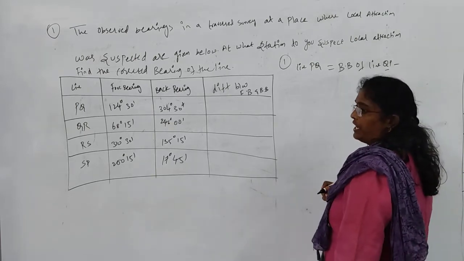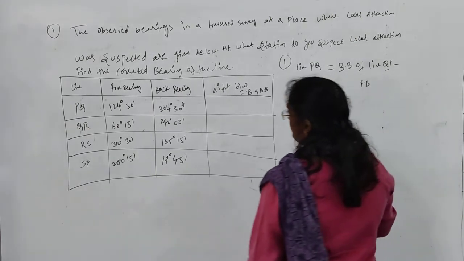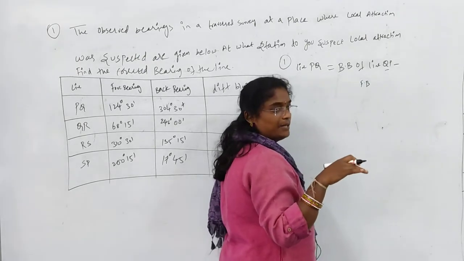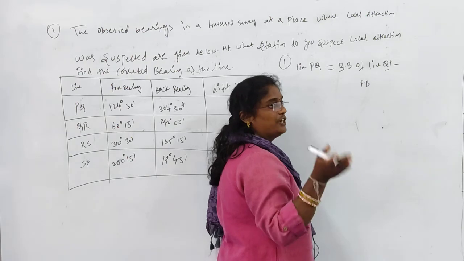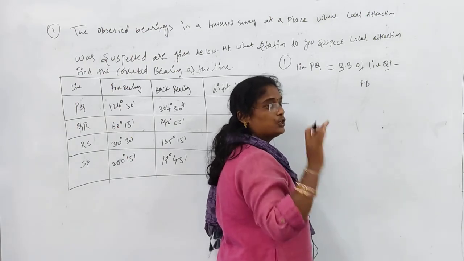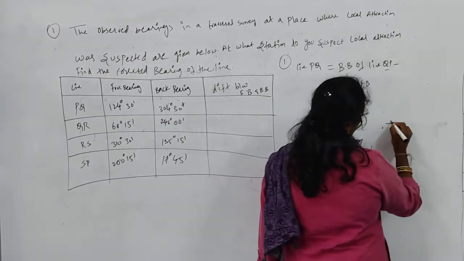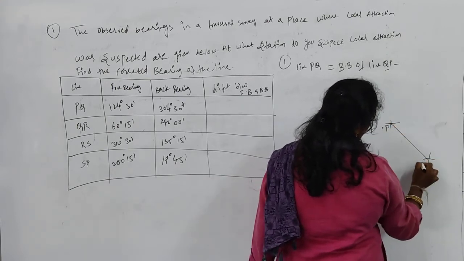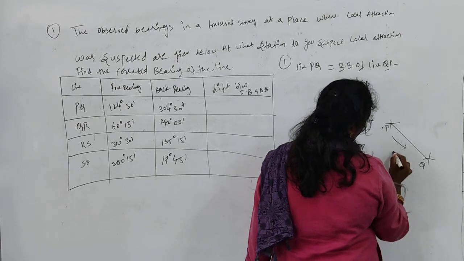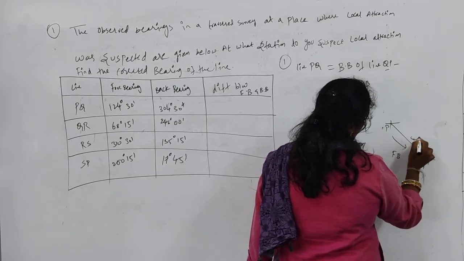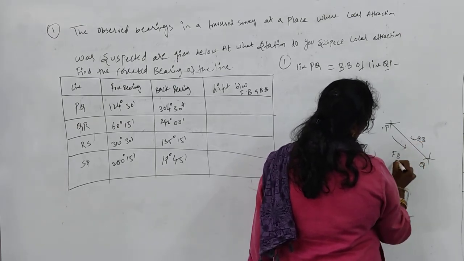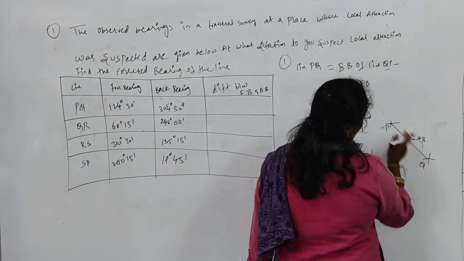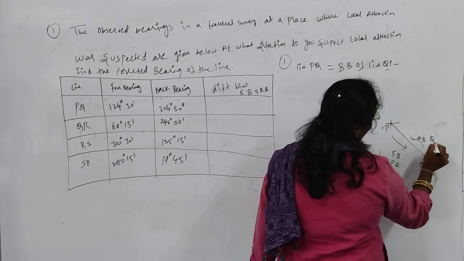Remember this one. Why am I using QP? Because back bearing means we are observing from the back side. We are observing from the second station to the first station, means Q to P. This is P, this is Q. From P to Q it will become forebearing. From Q to P it will become back bearing.